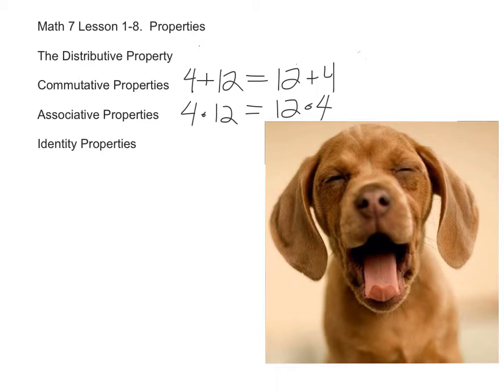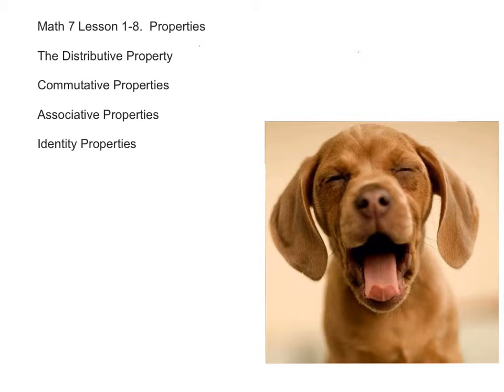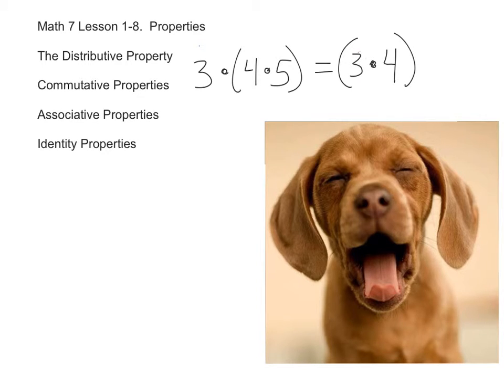Associative properties are a little bit more complicated. Associative properties are about grouping. Associative properties are basically saying that it doesn't matter what order you group numbers in when adding or subtracting. So in other words, you could say that 3 times 4 times 5 is going to give you the same result as 3 times (4 times 5).